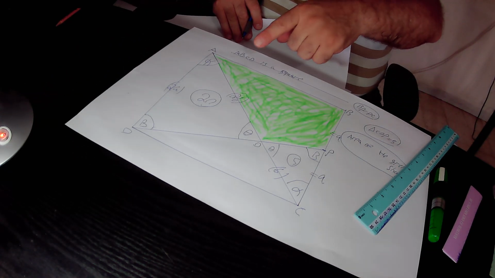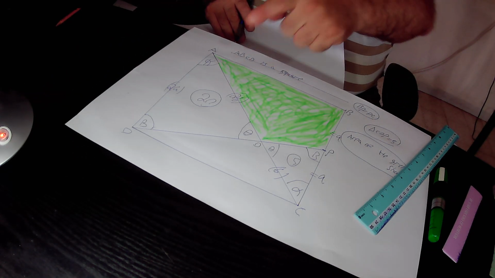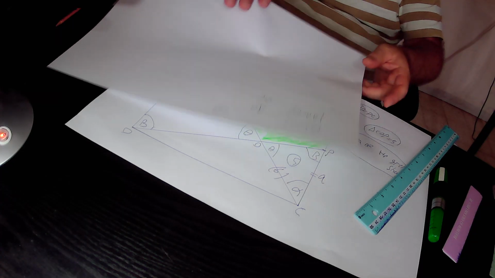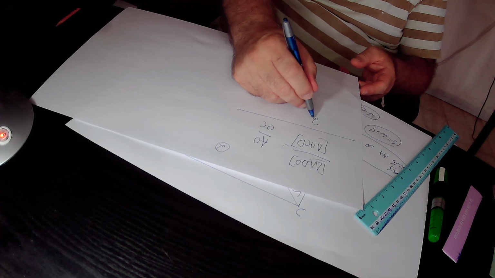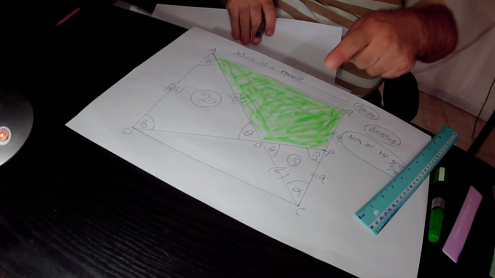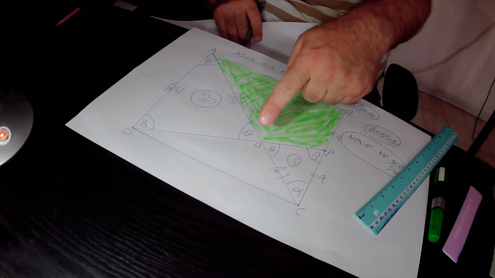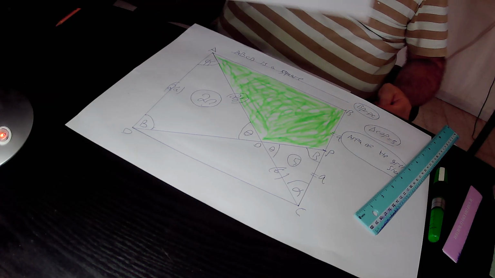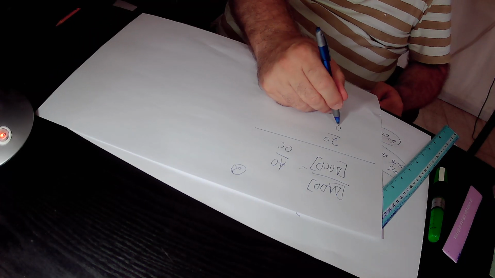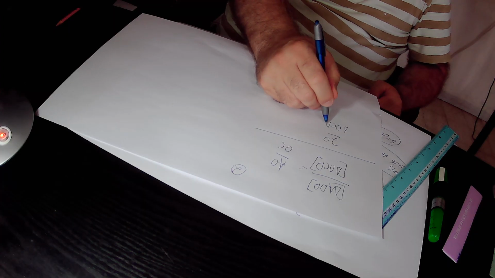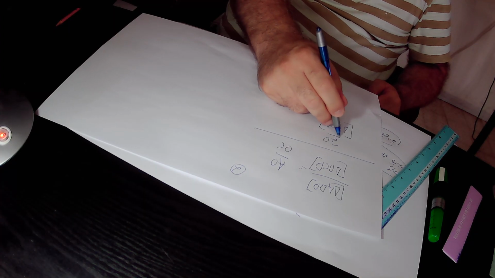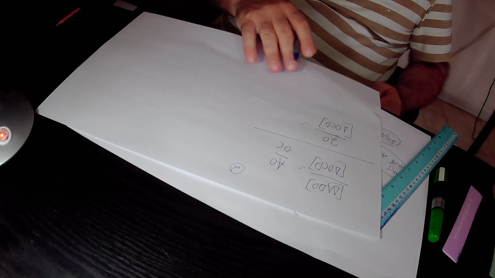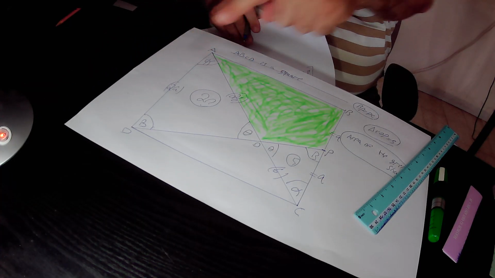But we have already found out that the area of triangle ADO is 20, over the area of triangle OCD. The area of triangle OCD is unknown, so we leave it as it is. And it is equal to AO over OC.